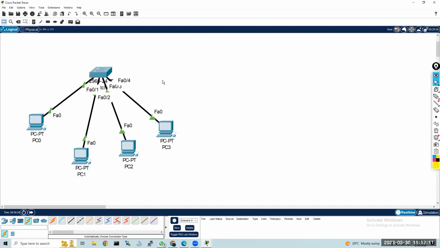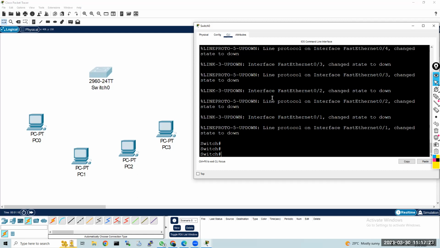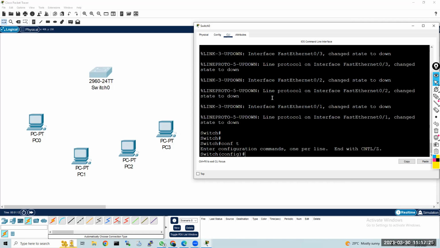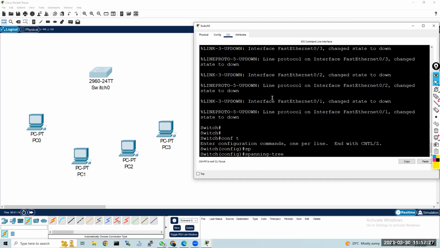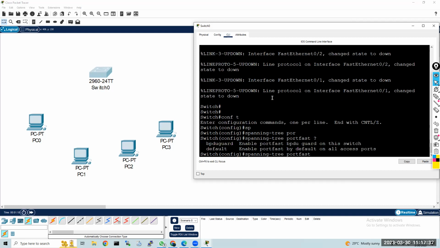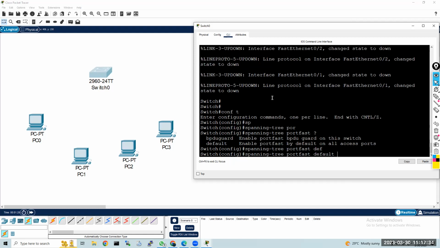Now let me delete these links. Here I'll enter global configuration mode: spanning-tree portfast default. We can give this command, so it will come up very fast. It will avoid listening and learning.